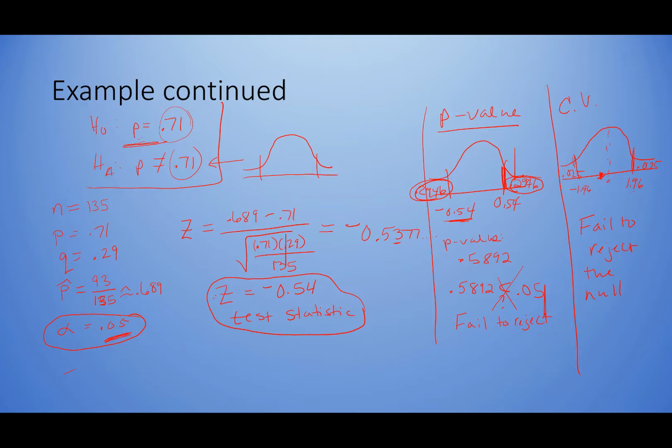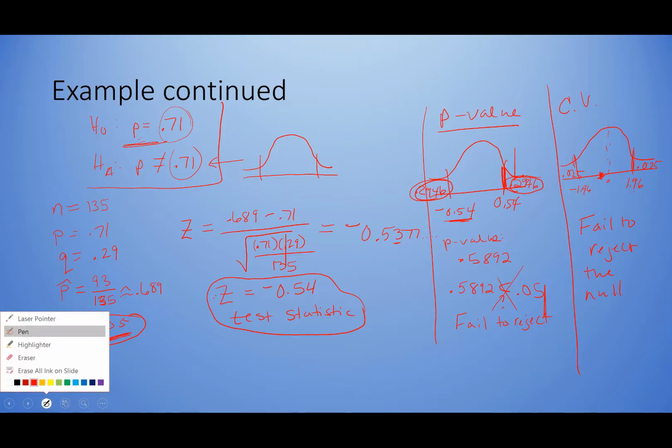Once we make that decision to fail to reject the null hypothesis, then we can go ahead and write our full conclusion. And remember, there are many ways that you can write these conclusions.